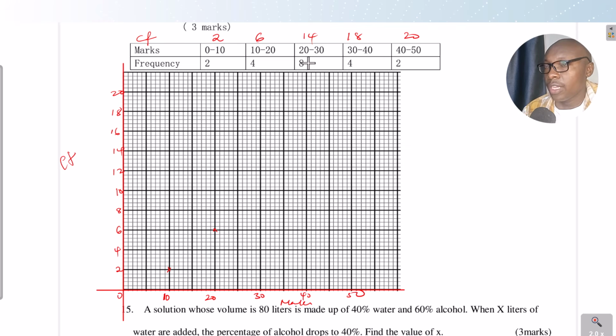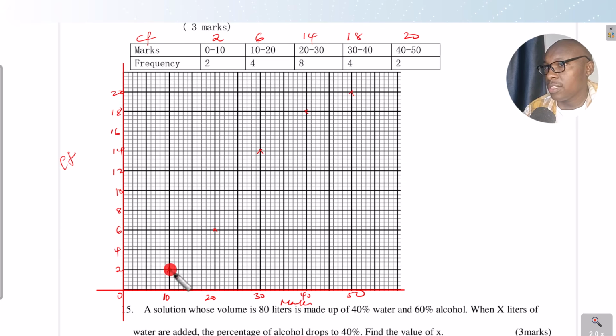And then you have the other one is 30, 14. And then 40, 18. And then 50, 20. Like that. So you can see the points are there.